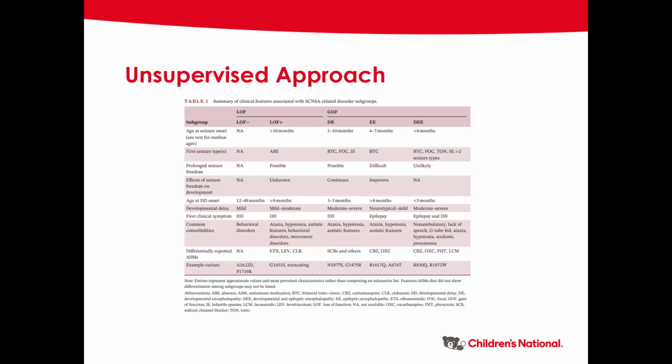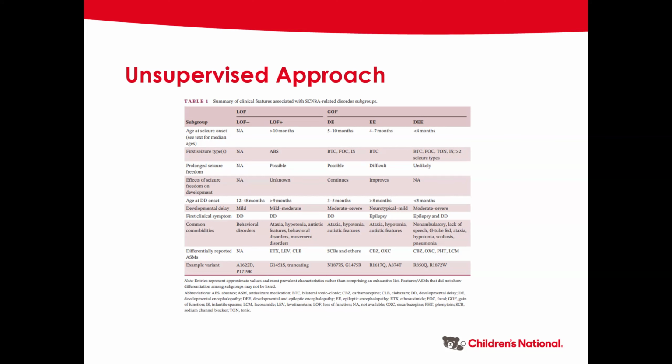We used both a supervised and an unsupervised machine learning approach to try to characterize phenotypes. And the unsupervised approach yielded a few different phenotypes, which is a bit of a departure from what currently is out there and what I've just presented.